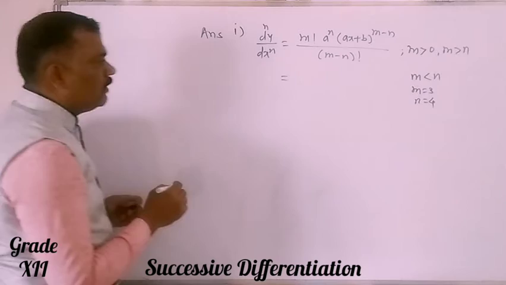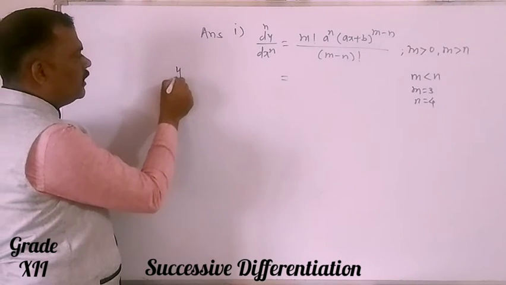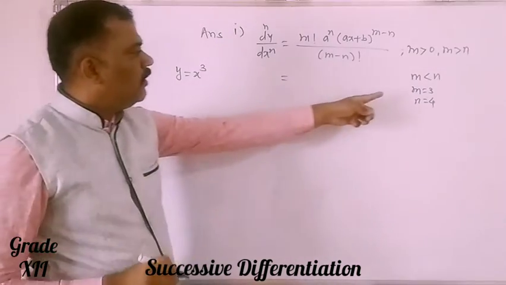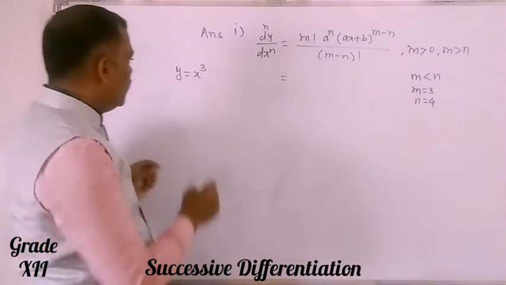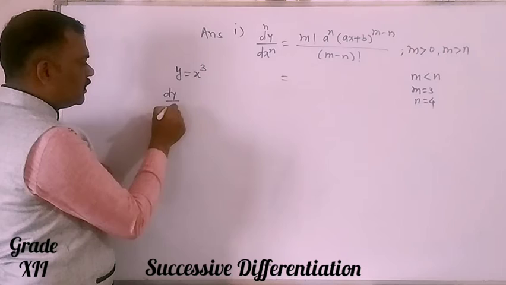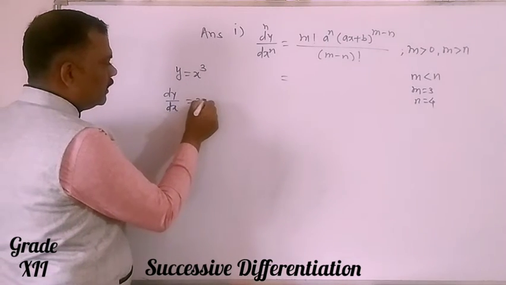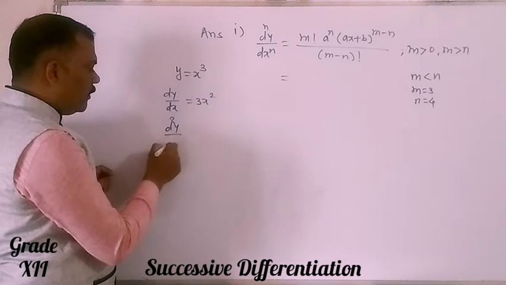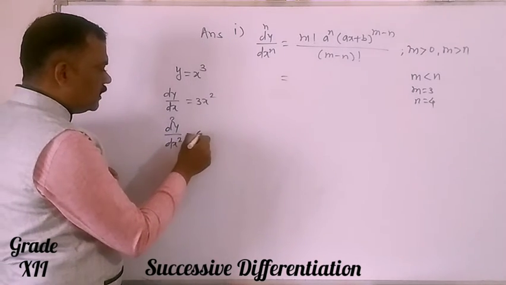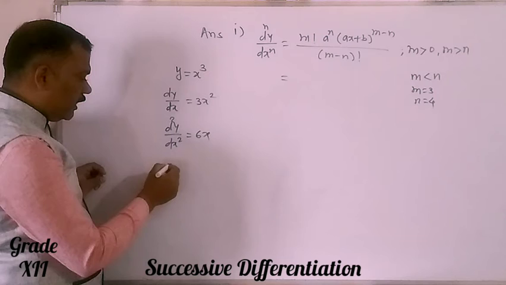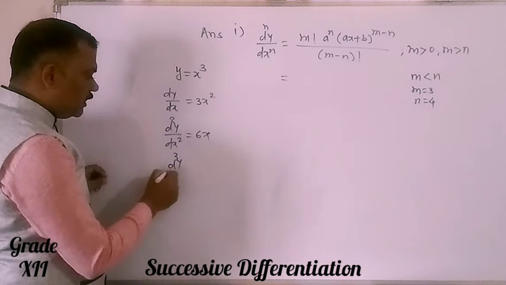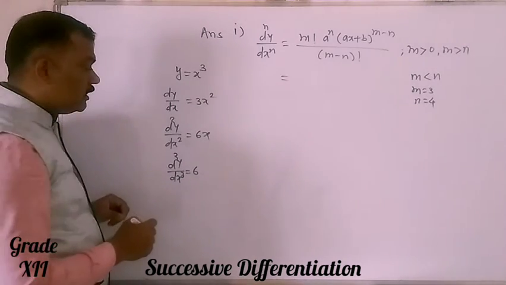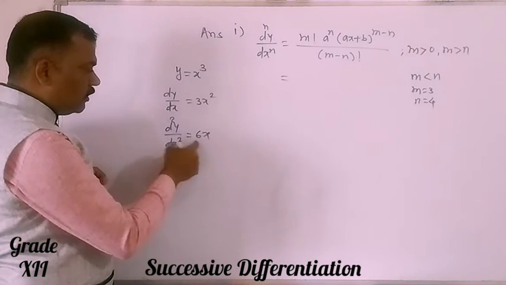For that we take a simple example: suppose y is equal to x raised to 3, so the value of m is equal to 3. First we differentiate with respect to x. We get the first order derivative, 3x square. Again we differentiate, we get d2y by dx square, which is 6x. Once more we differentiate, d3y by dx cubed is 6. 6 is a constant, so we take it outside.